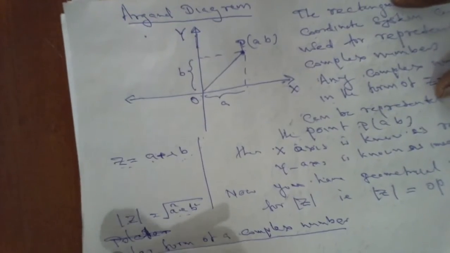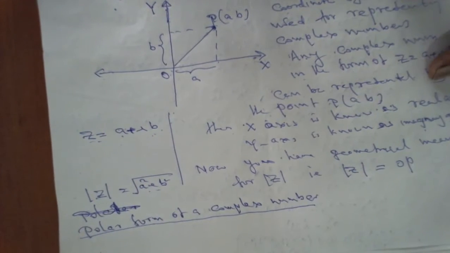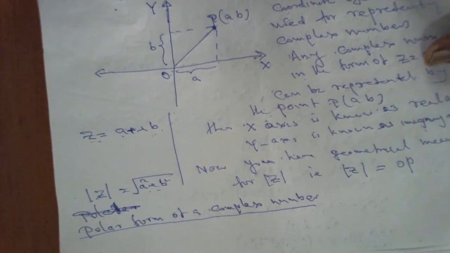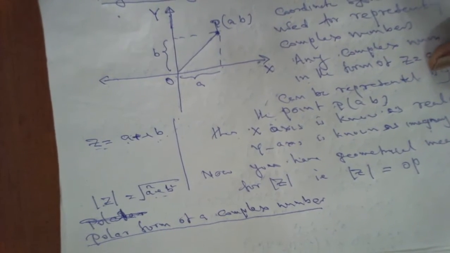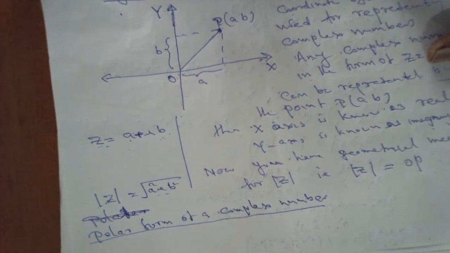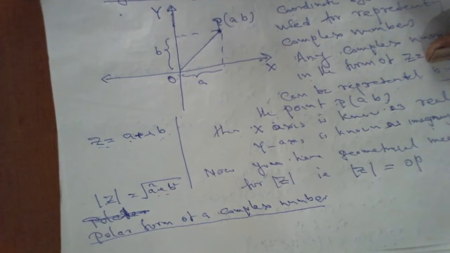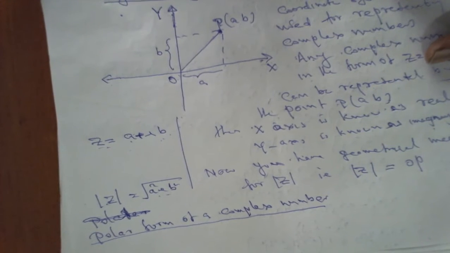Now if you take any complex number, there is a specific point allocated on the Argand diagram, on the complex plane, right?